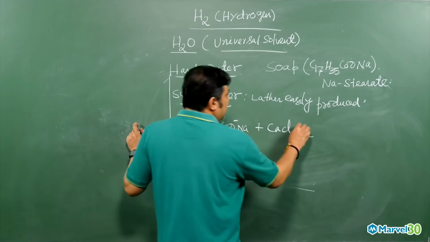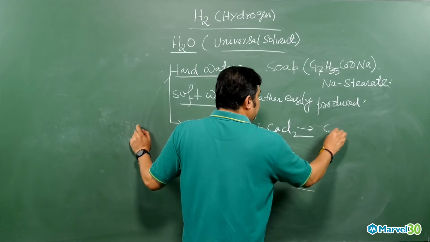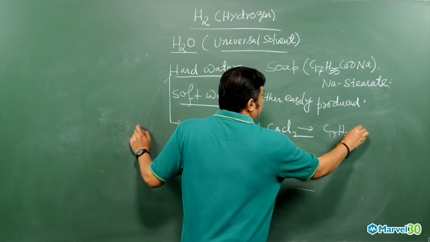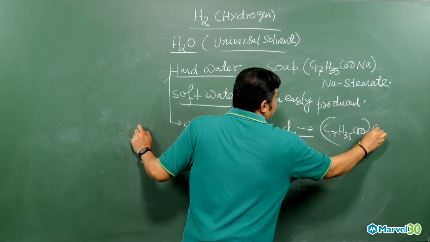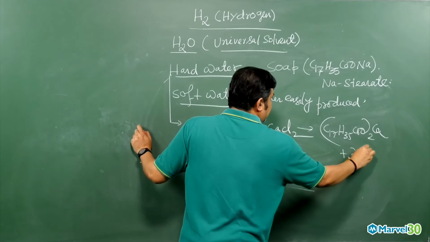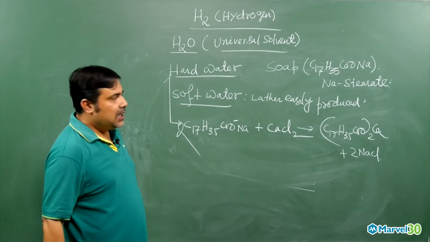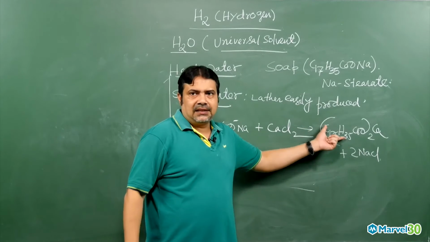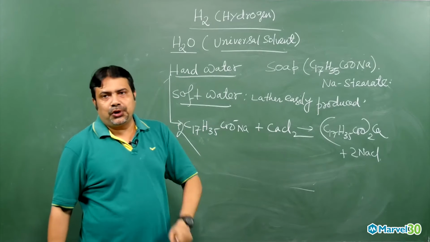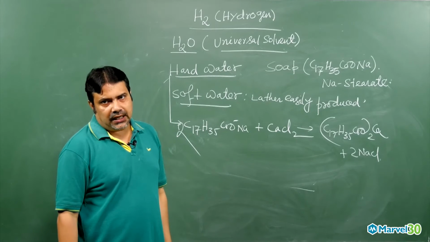Immediately it will react with this and form (C17H35COO)2Ca along with 2 NaCl. Because of these formations, they will not allow the froth to be produced. This is the reaction that will happen.